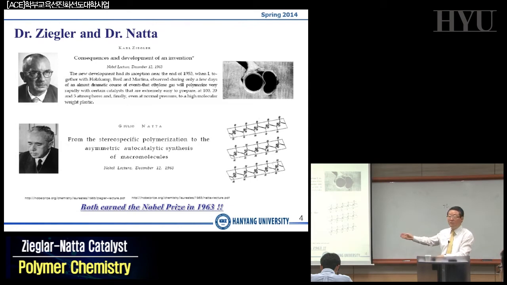Ten years later, this is the second group of Nobel laureates in polymer chemistry. Later on, Paul J. Flory, Dr. Flory, received the Nobel Prize in 1973 or 4, I believe.